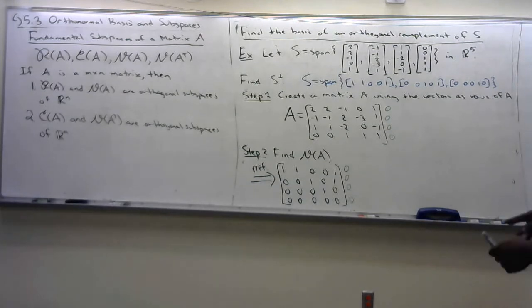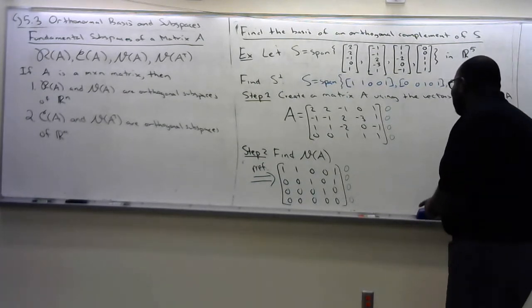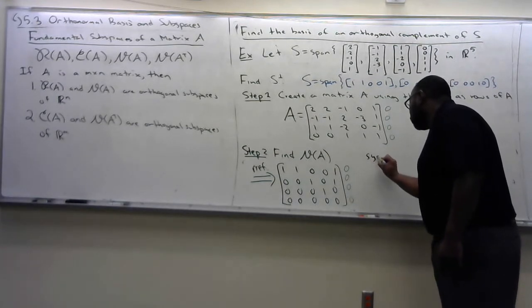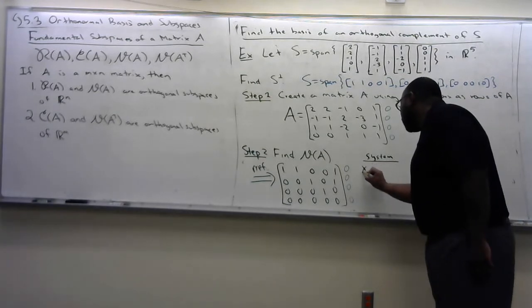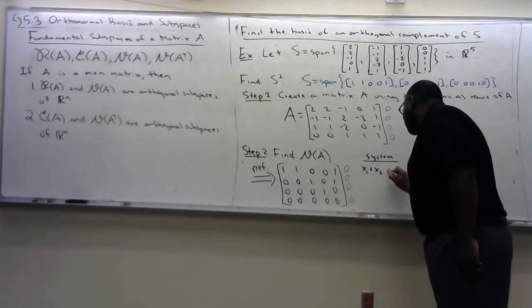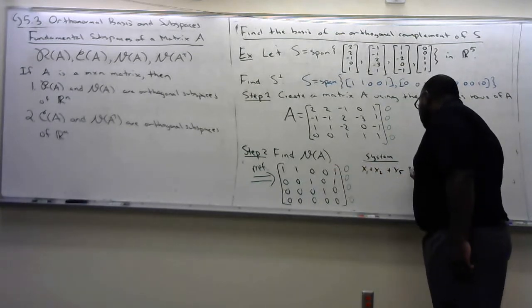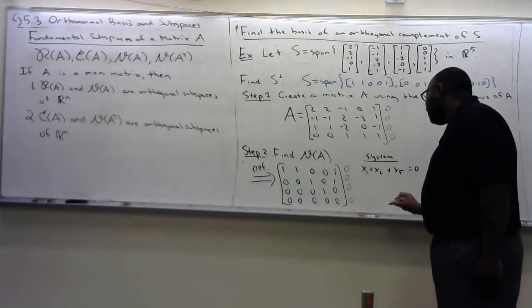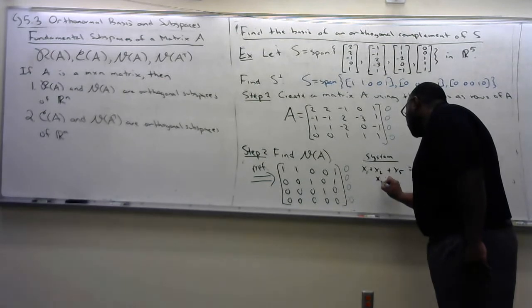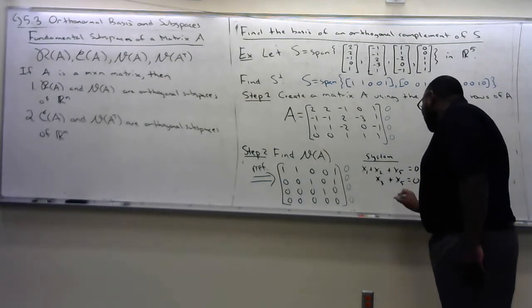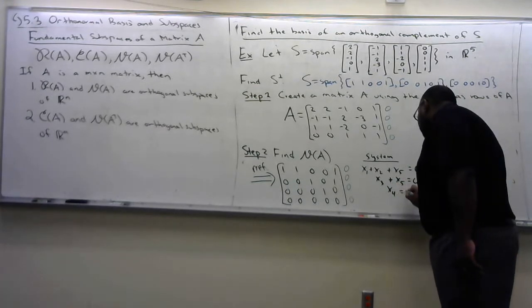So I want to find the null space of A. I need to create my system. I have x1 plus x2 plus x5, x3, x4, x5 is equal to 0. Here I have x3 plus x5 is equal to 0. And then I have x4 is equal to 0.